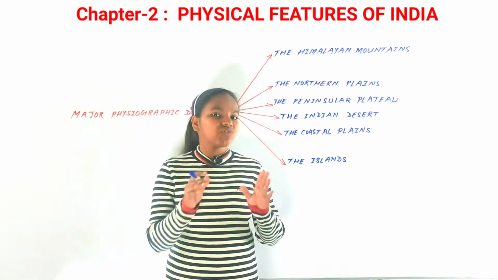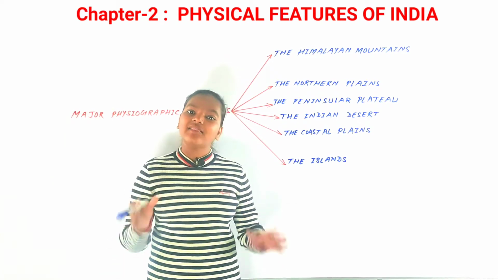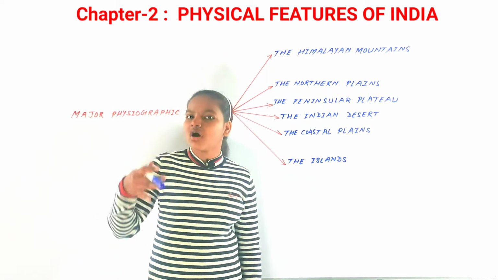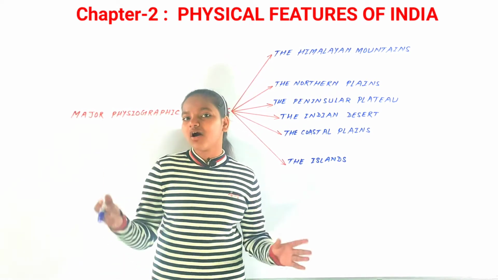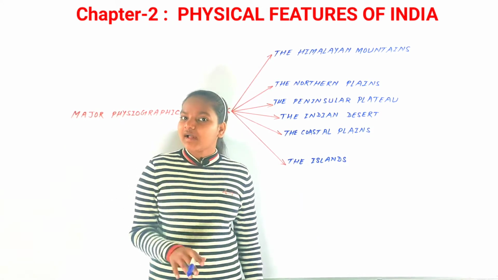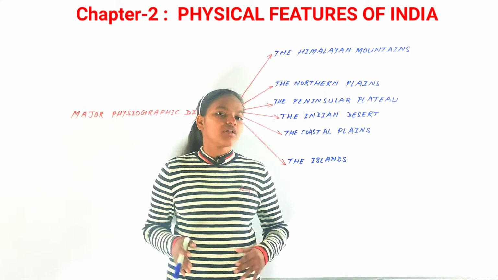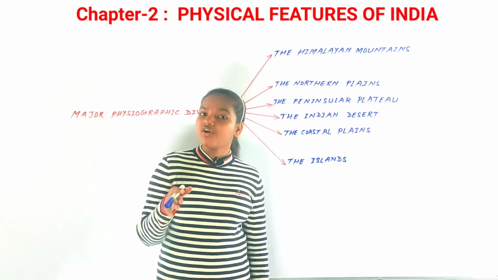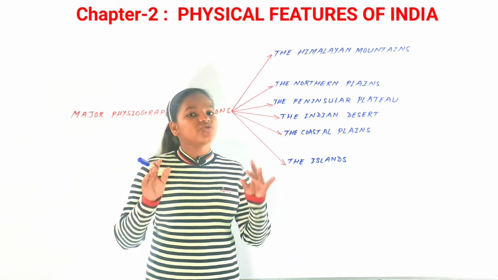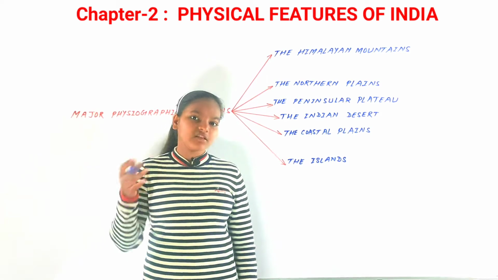Australia got separated in the south, and the Indo-Australian part got separated into the north, and after that it collided with a very large plate, the Eurasian plate. So that was the joining of the Indo-Australian plate and the Eurasian plate.